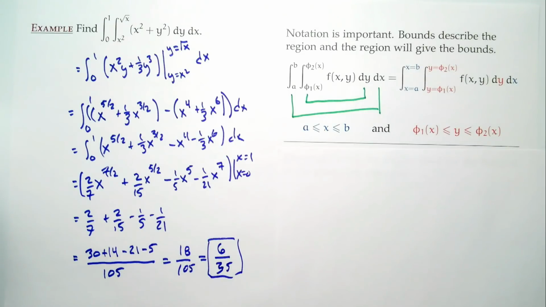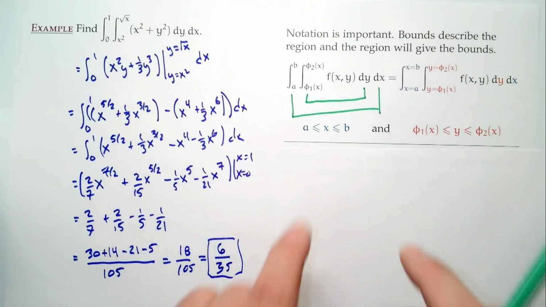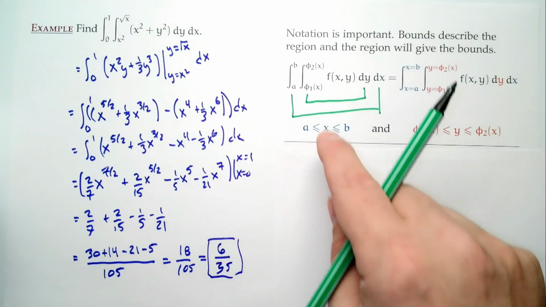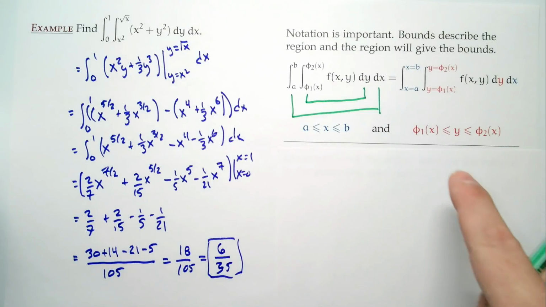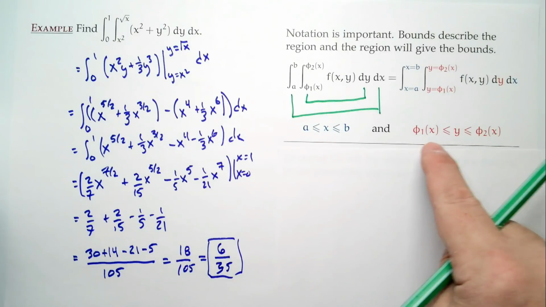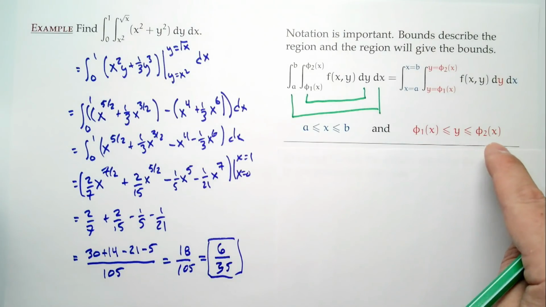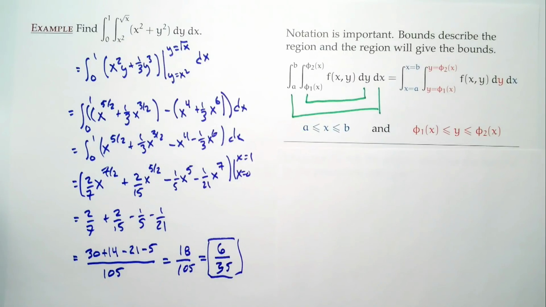So x goes from a to b. And the next layer says y goes from phi1 of x to phi2 of x, which tells me that it really corresponds to the inequality phi1 of x is less than or equal to y is less than or equal to phi2 of x.